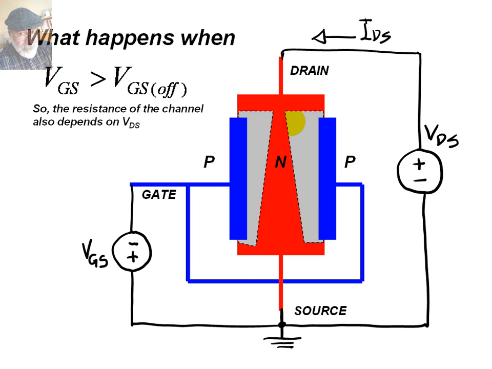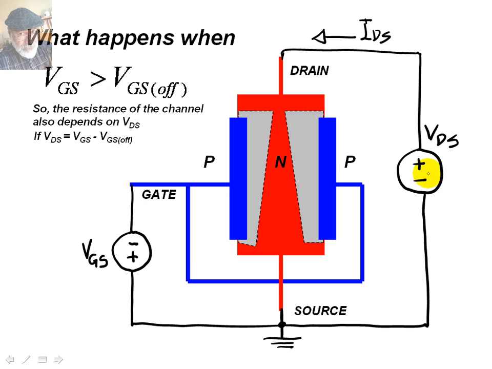Well, let's define a voltage, the overdrive voltage: how much higher VGS is than the critical pinch-off voltage VGS off. This voltage, VGS minus VGS off, is the margin of safety, but that is when there is no current from the drain to the source. That is the overdrive voltage.